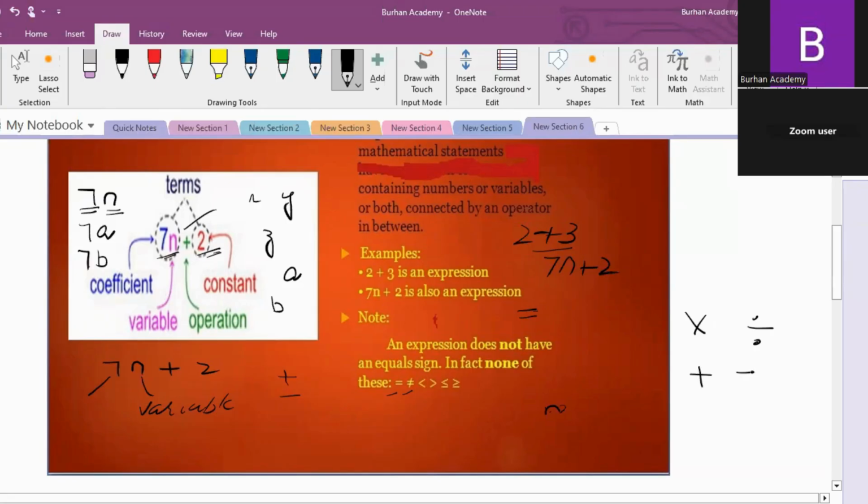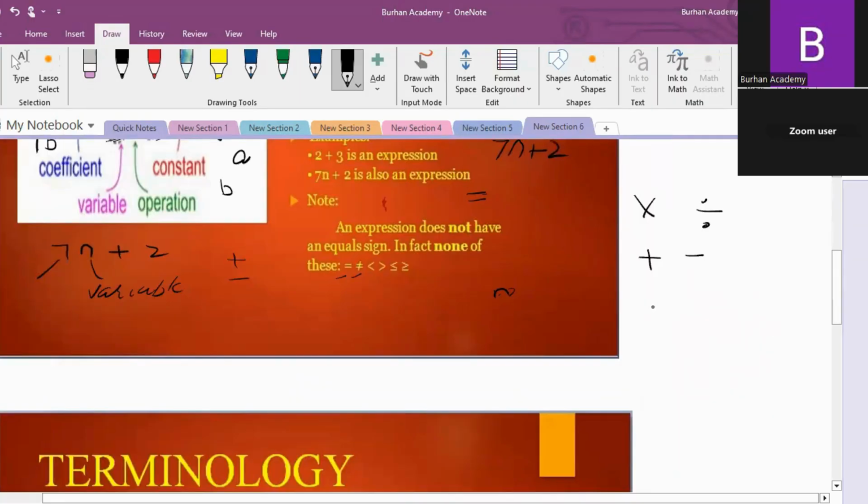And 2, in this expression, is a constant which has only and only one value, which is 2. What is a constant? For example, 2 is a constant, 3 is a constant.